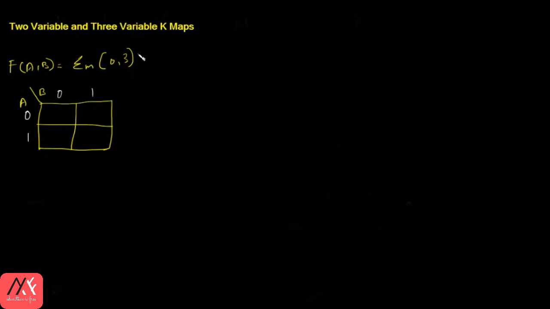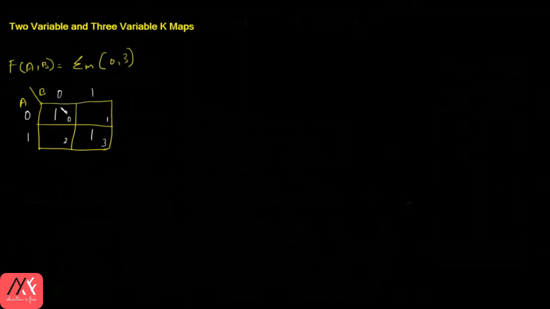And you can fill up this K-map using the min terms, 0, 1, 2, and 3, right? So you have to fill up the K-map with ones as given in the question, 0 comma 3. So put 1 in the place of min term 0, and in the place of min term 3 you can put a 1, because these are the 2 given in the question.